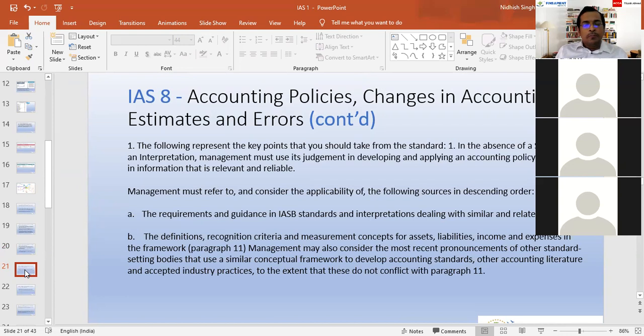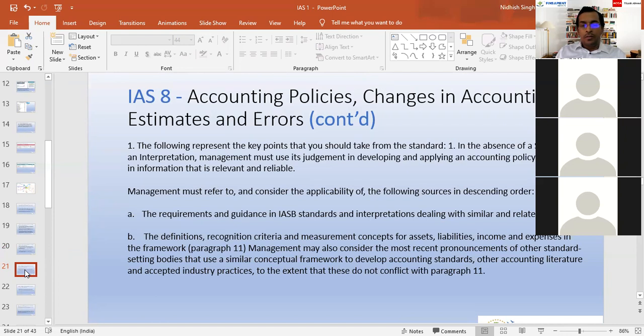All right, so in the absence of a standard, it is saying what are the rules of thumb for IAS 8. If there is no accounting standard to guide on the accounting policy for a particular industry, you need to apply the framework.